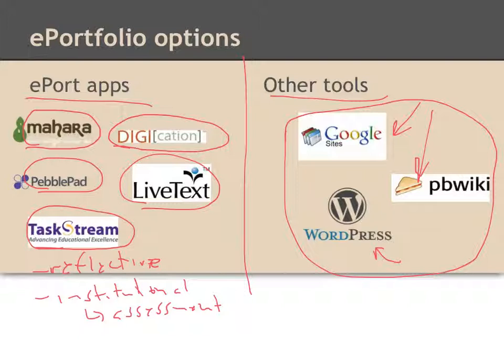I mean, these are tools that are basically focused on web publishing, so you can create an online presence that shows your work and allows you to talk about your work, but it doesn't have the kind of ePortfolio functionality of just a place to assemble materials over time and then later select among those materials and repurpose them in different combinations for different ePortfolio uses.